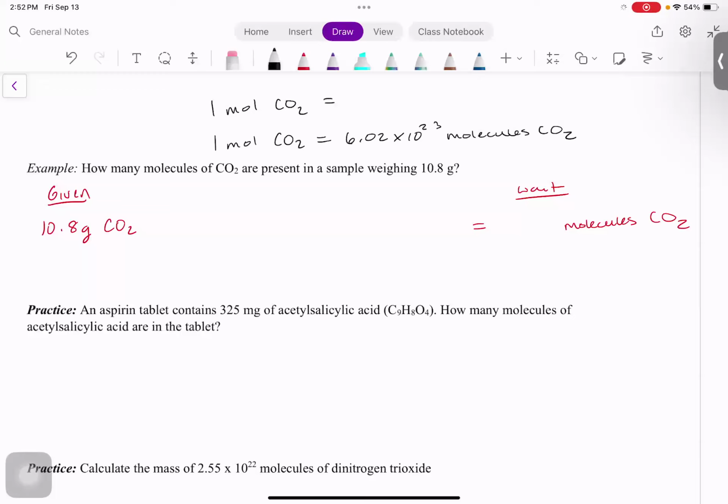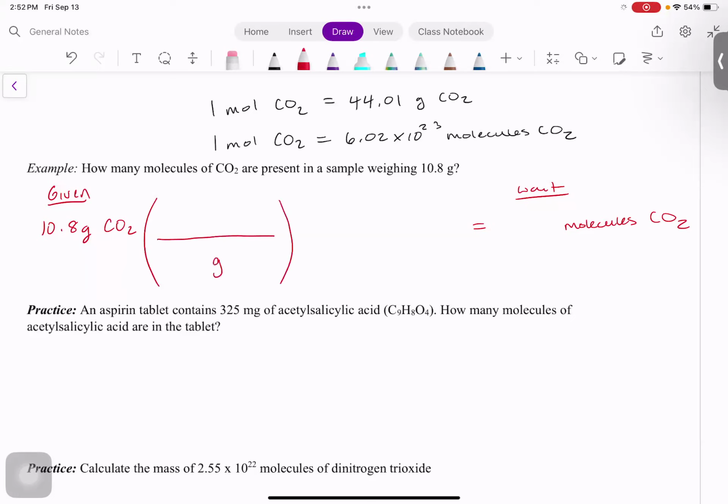And we end up determining the molar mass of carbon dioxide is 44.01 grams of CO2. So these are the conversions that I'll use in order to go from molecules to grams, or grams to molecules in this case. So let's go ahead and plug those in.